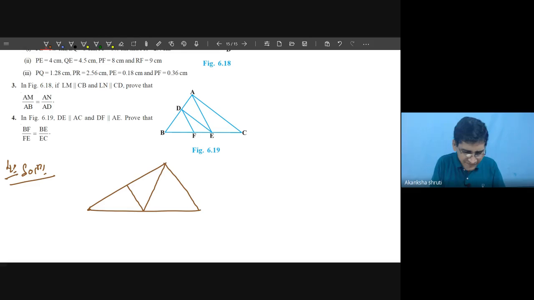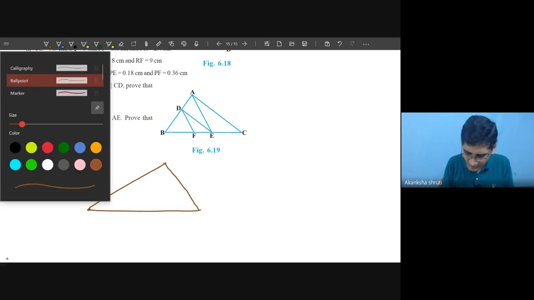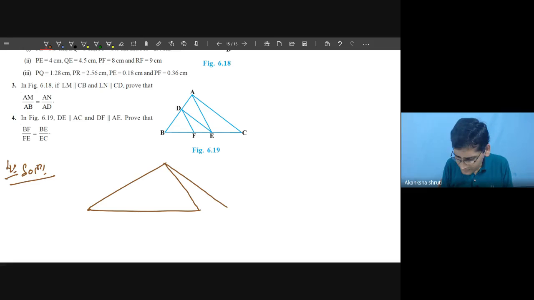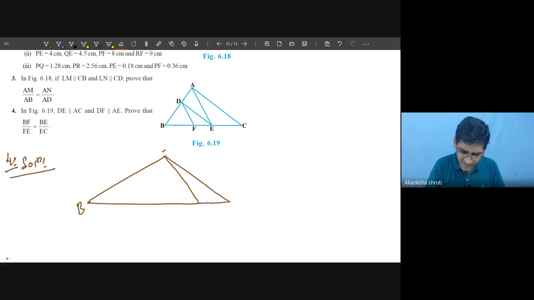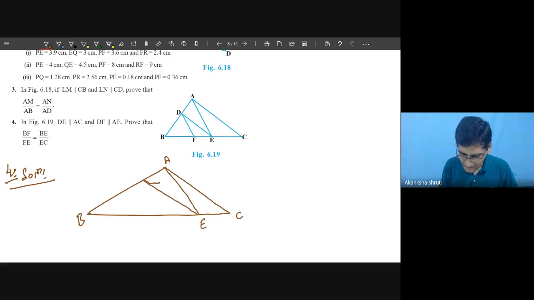Okay, slightly tilted one. So let me also correct it. Consider this as B, A, C, this is E. From this E, let me draw a line parallel to this one, and from this I have to draw a line parallel to this one.